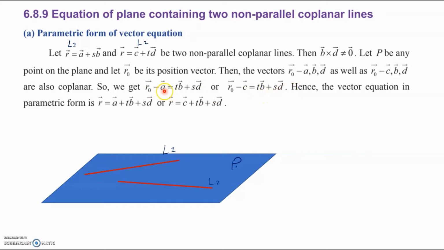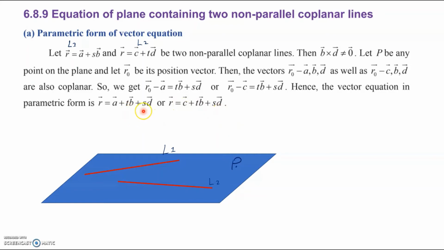So we can either use a point from line 1, or we can use a point from line 2, and using our B and D vectors we can derive these two equations. Therefore, the vector equation in the parametric form, rearranging these two, would be R is equal to, taking the A to the other side, A plus TB vector plus SD vector, or R is equal to C vector plus TB vector plus SD vector.